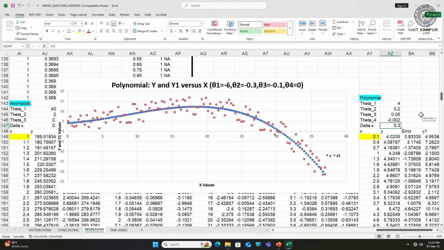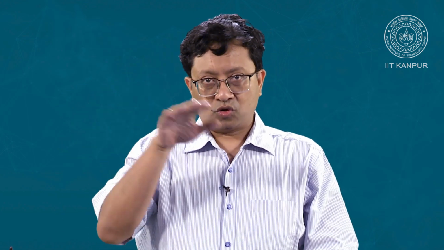See, the curve changes, which means that as the value of theta 4 is negative, it has an overwhelming effect later on and dips down. In the initial graph it went down, then went up. Here it first goes up and then comes down. So, with the same exact equation and different values of theta 1, theta 2, you are panning out different types of nonlinear regression models, which may fit different sets of data points.